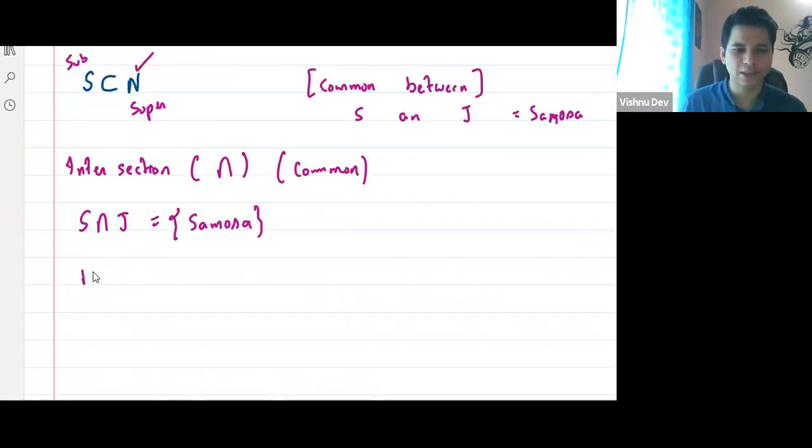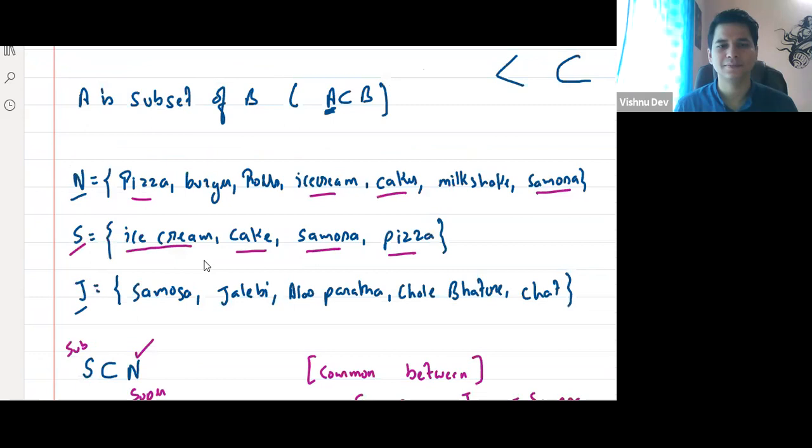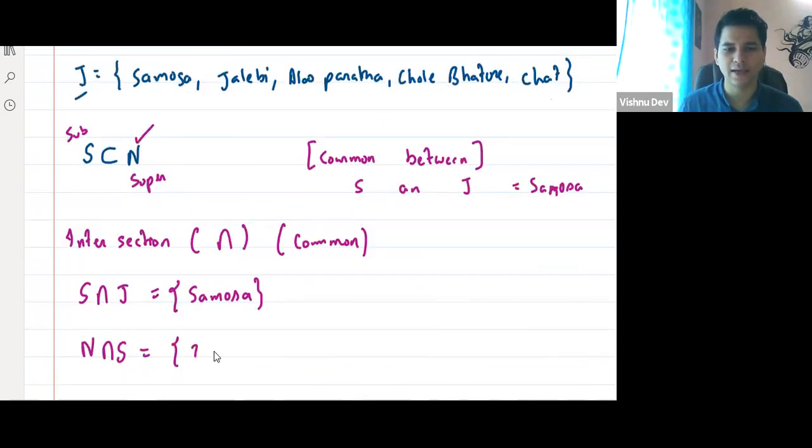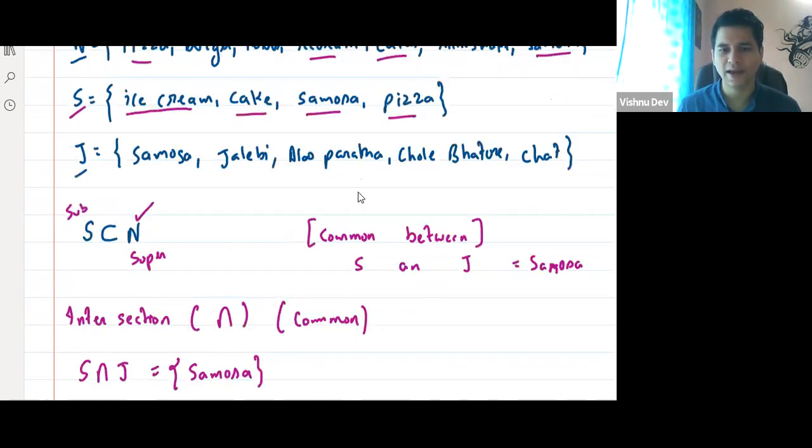What about Navya intersection Sinchana? Tell me. Ice cream, cake, samosa, and pizza.